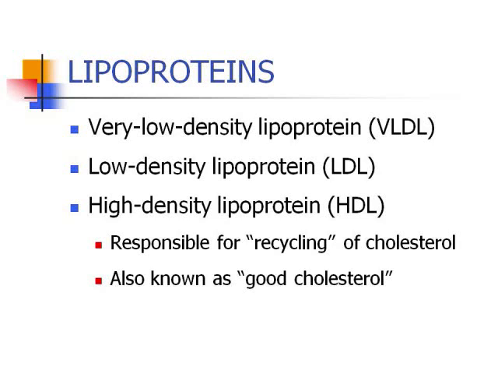We have VLDLs, which are very low-density lipoproteins, and LDLs, which are low-density lipoproteins, and these are generally regarded as the bad lipoproteins, or the bad cholesterols. The HDLs, high-density lipoproteins, are considered the good cholesterol, and they are responsible for recycling cholesterol through and out of the body.